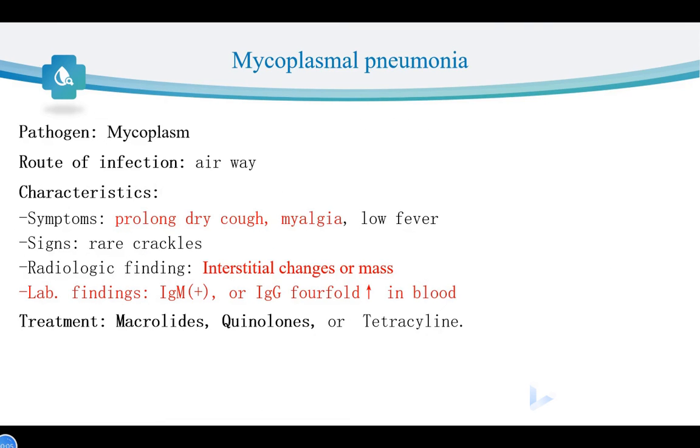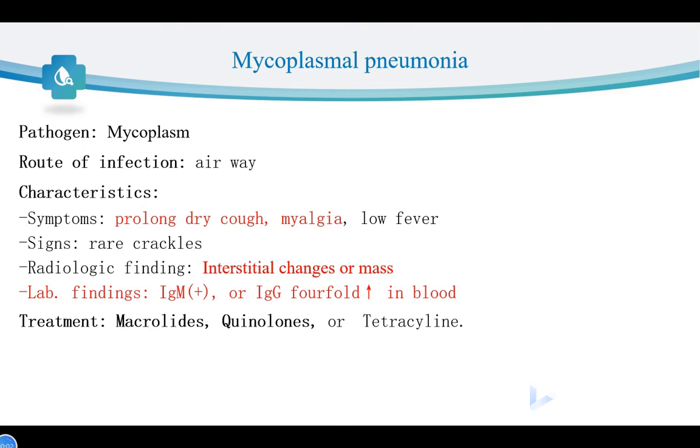Mycoplasmal pneumonia is caused by the Mycoplasma, which infects through the airway. The characteristics of this type of pneumonia include significant dry cough and interstitial change or mass in both lungs.